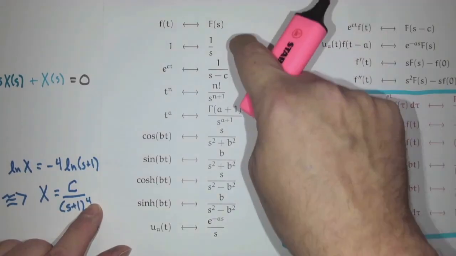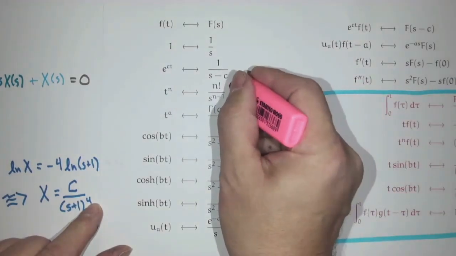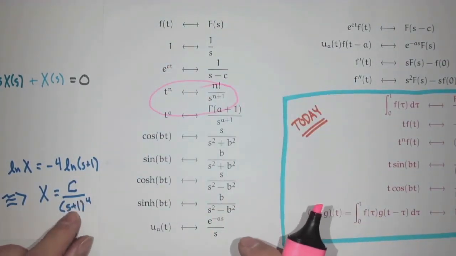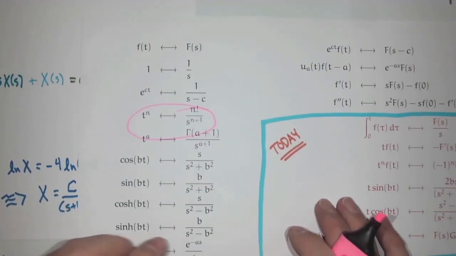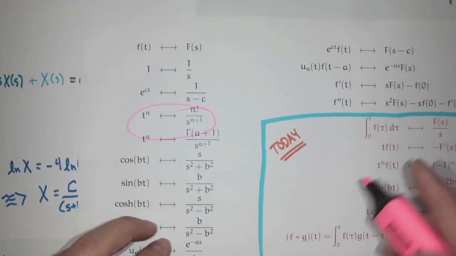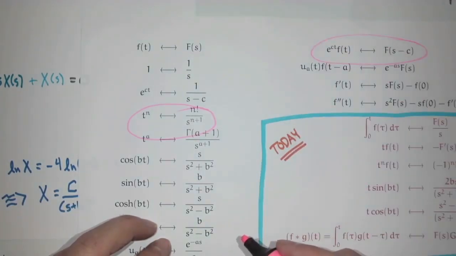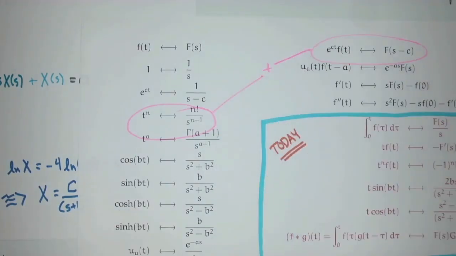Where do we have anything to a power downstairs? Like t to the n. But there's this s plus 1. That means that we're doing some kind of a shift. What happens if we're doing a shift? That means there's some sort of exponential function multiplying.